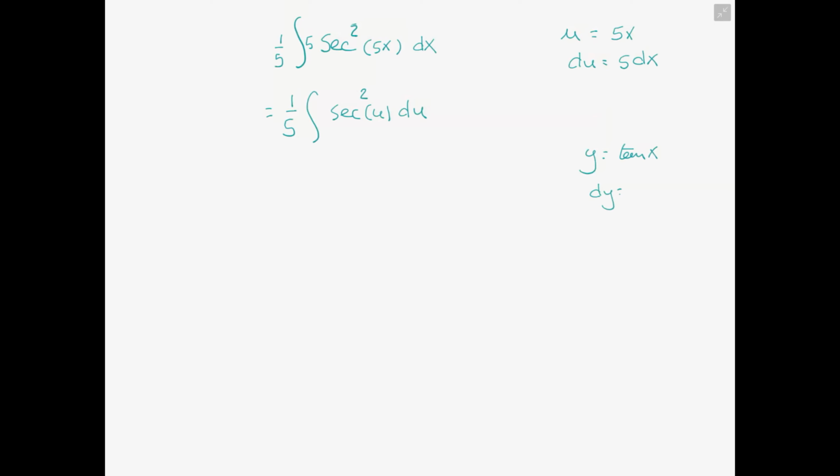So we start out with y equals tangent x, dy equals, now when we take the derivative of tan x, it's secant squared x dx.